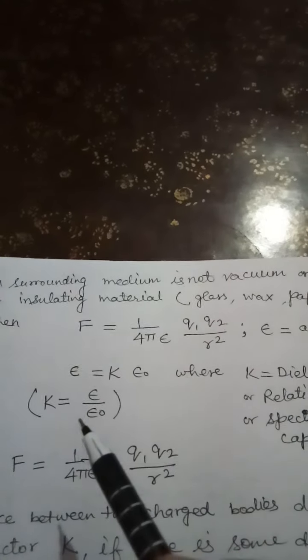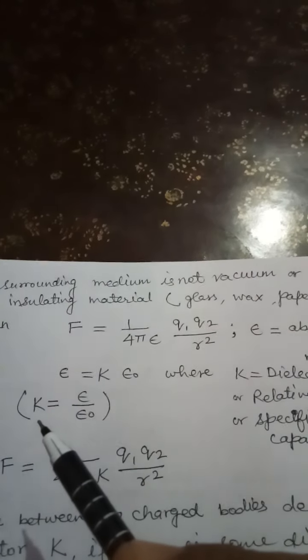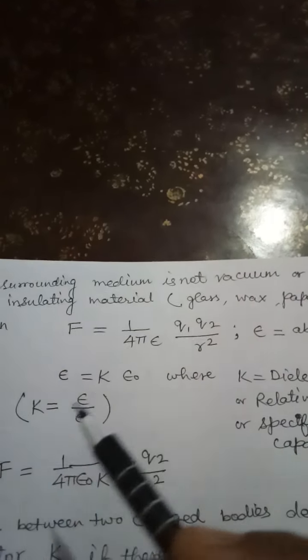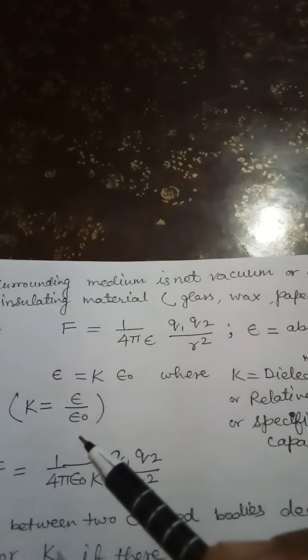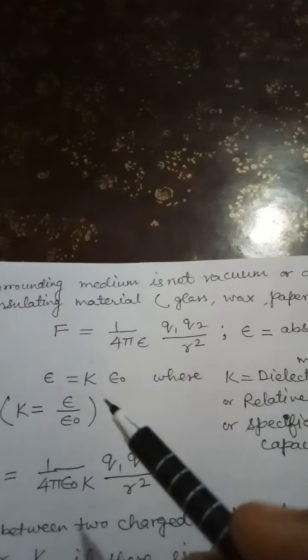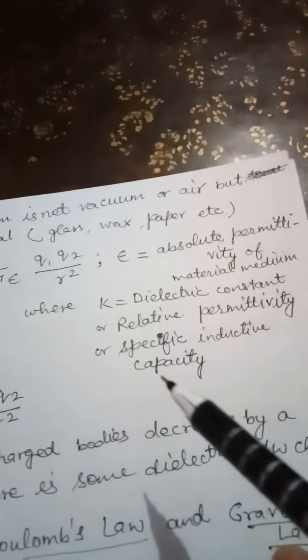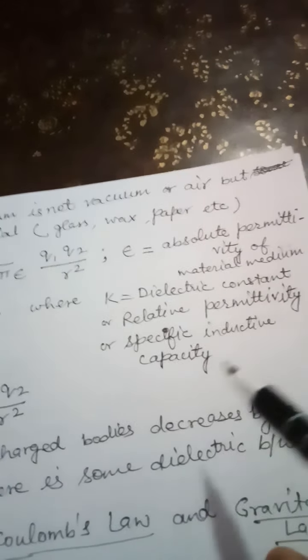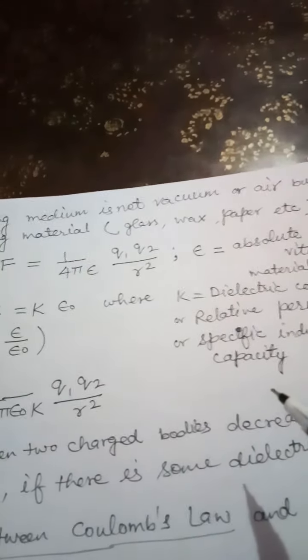We have a relation to express k, which is the dielectric constant: k is epsilon upon epsilon naught, or we can say epsilon is equal to k times epsilon naught, where k is called, as I told, dielectric constant or relative permittivity or specific inductive capacity.